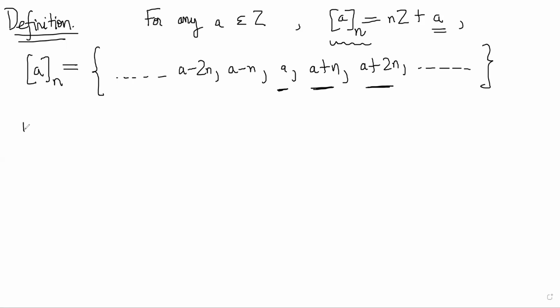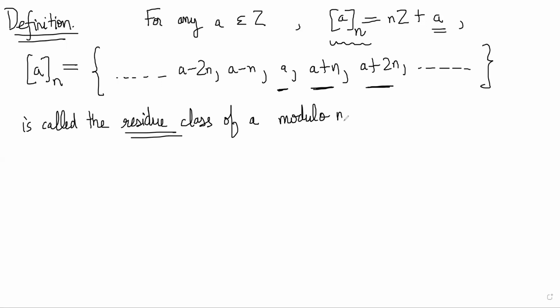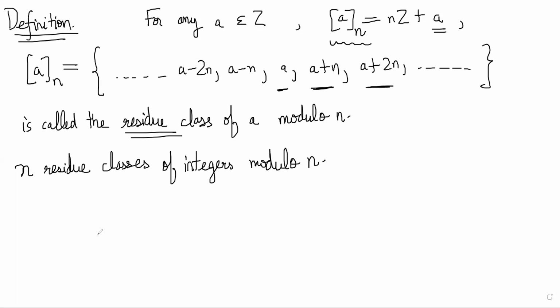And this set is basically called the residue class, residue because it is a remainder class of a modulo n, right? So there are basically n residue classes of integers modulo n.